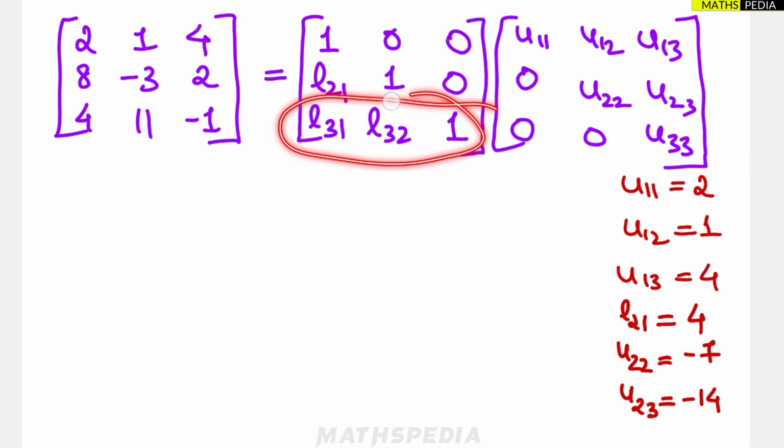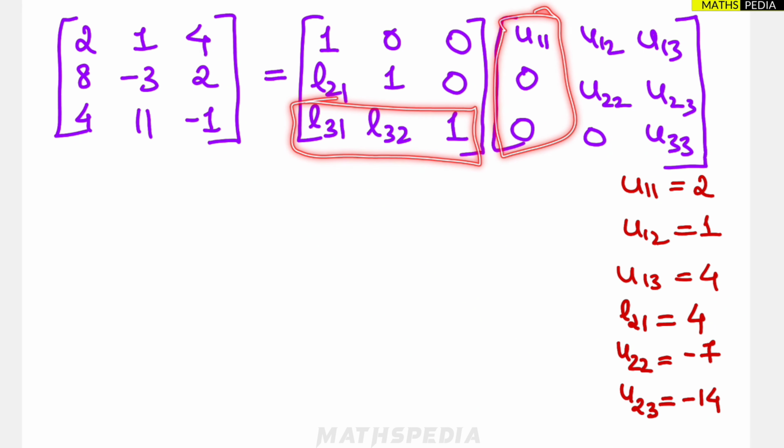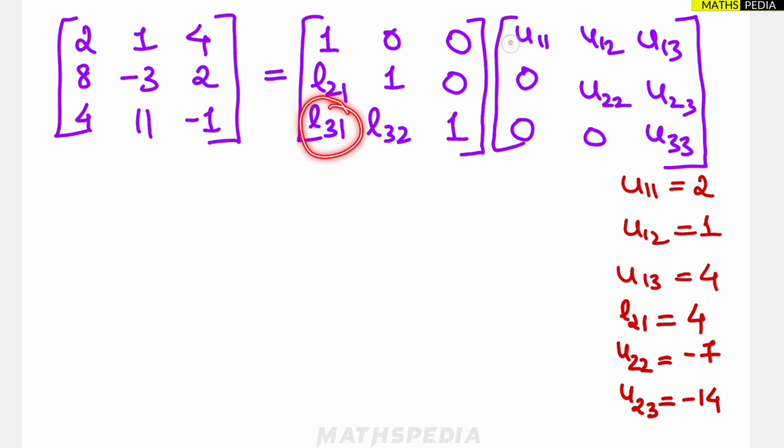Now we are going for the third row and all 3 columns, so we'll be getting one more set of 3 equations. So here this should be multiplied with the first column, so L31 multiplied with U11, L32 0, 1 0. So only element will be L31 multiplied with U11.